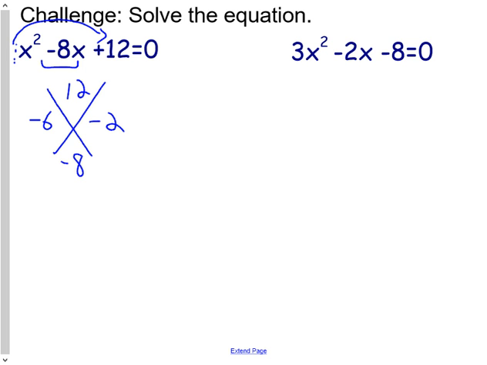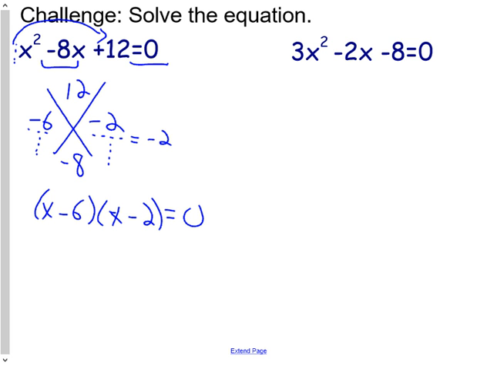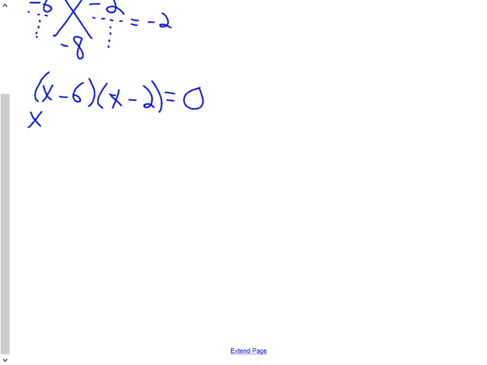Because it's 1x squared, I don't really need to do this divide by 1 that I'm doing in dotted lines because they aren't going to change, right? 6 divided by 1 is 6, and in this case, minus 6. Negative 2 divided by 1 is minus 2, right? So we get x minus 6 times x minus 2 equals 0. And now we've seen these all day in today's lesson, and you just set each piece equal to 0. x minus 6 equals 0.